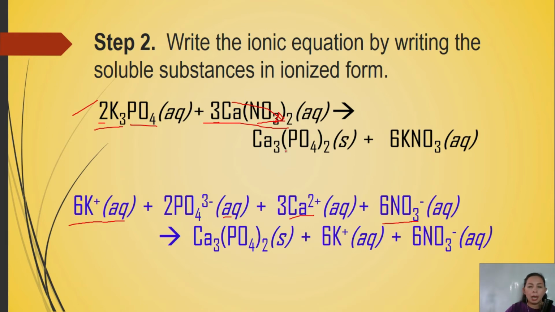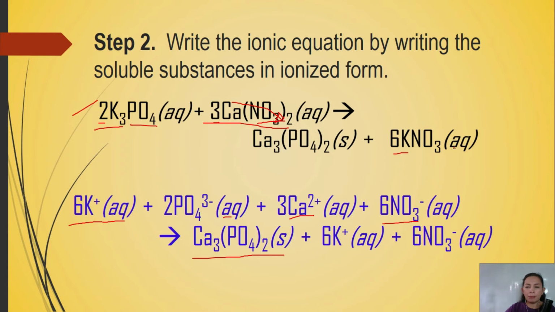And for calcium phosphate, since this is insoluble in water, we do not need to ionize the compound. And we proceed to, we always write plus, again, my dear students. Potassium nitrate, since this is soluble in water, we have to ionize this one into potassium ion, K plus.